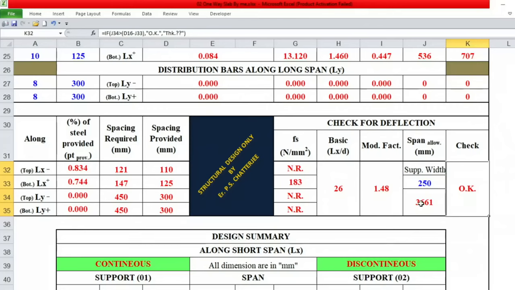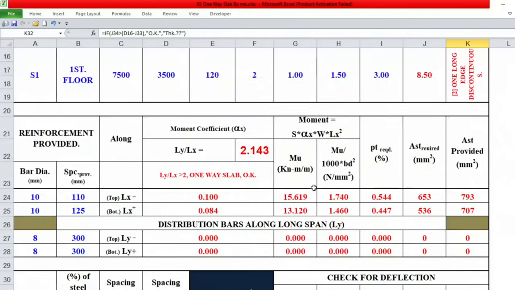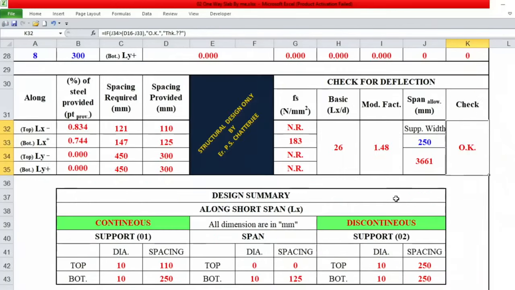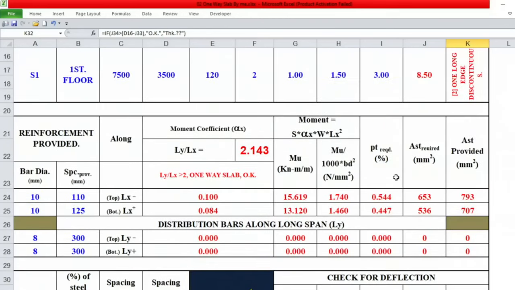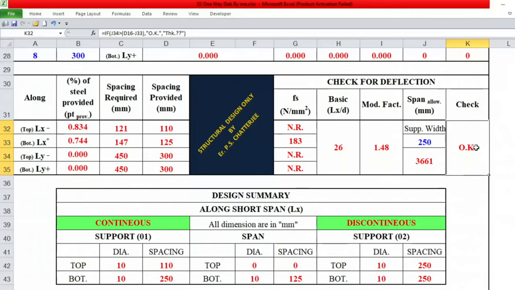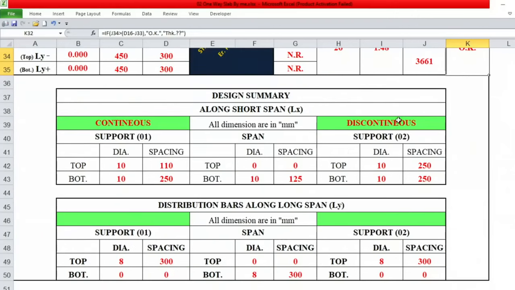Here it is 3661. We have 3350 minus 0.250, that is 3250. So it is okay. This is the design summary.